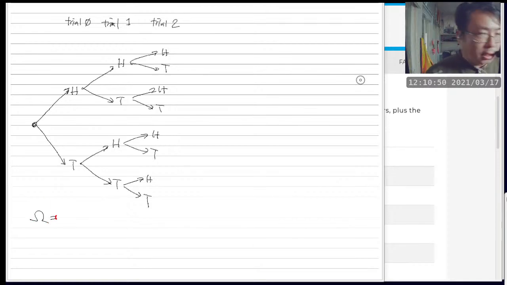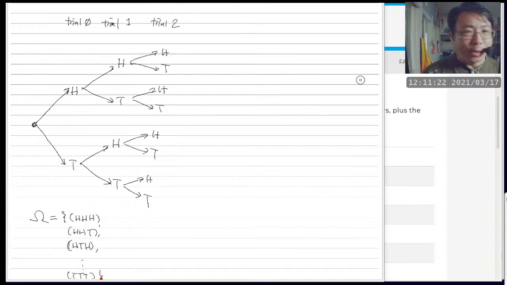Omega is the set of all the outcomes of the experiment, and yes, it is a binary tree. This one really is a binary tree. But when we're looking at the leaf level, and we want to know the outcome of the entire experiment, we have 8 elements in this case. So we get head, head, head, head, head, tail, head, tail, head, and so on, all the way to tail, tail, tail.